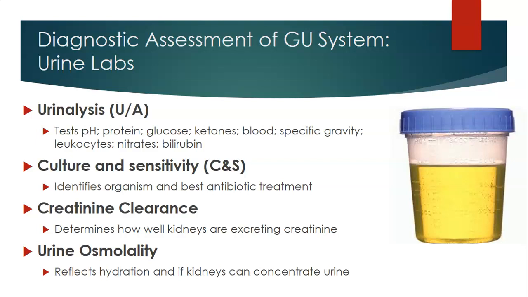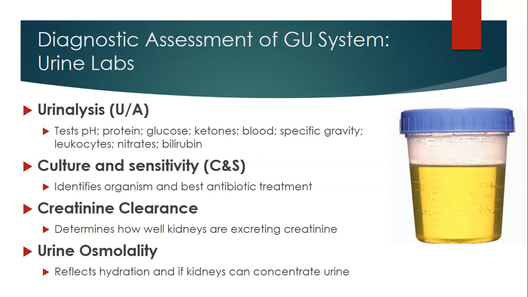That is not a number you need to memorize. It's just FYI. So if an elevated serum creatinine is present with a decreased urine creatinine, this indicates a decreased kidney function. That little bit of it I want you to understand, but the numbers are not important for me.